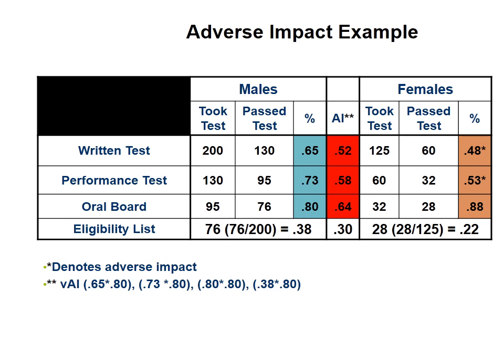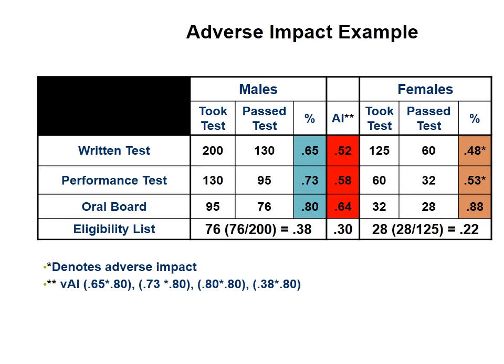Now, what we need to know is what is 80% of the highest selection rate? The highest selection rate in this case on the written test is men, 0.65. So 0.65 times 0.80 gives us our actual adverse impact value. We're going to do this for each of the males, because notice that the males always had a higher selection rate in this case, except in one case.